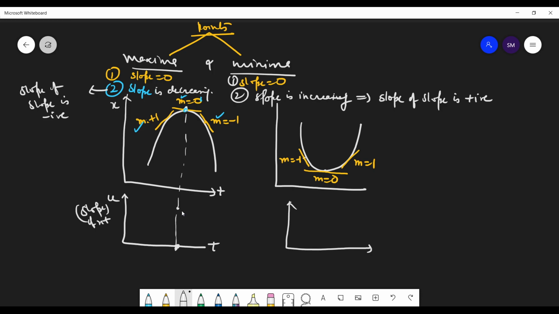Now the slope will be, from this point, here your slope was positive and it was decreasing, and now the slope is getting negative. Agreed or not agreed? Yes, sir. And here this is your slope.